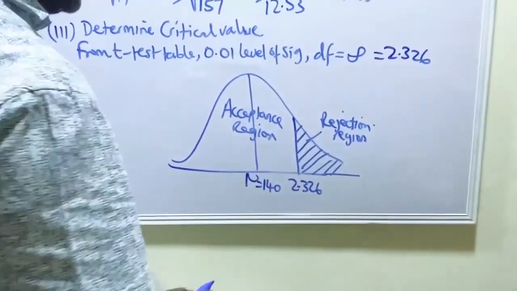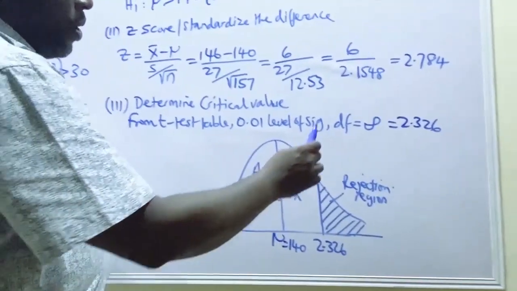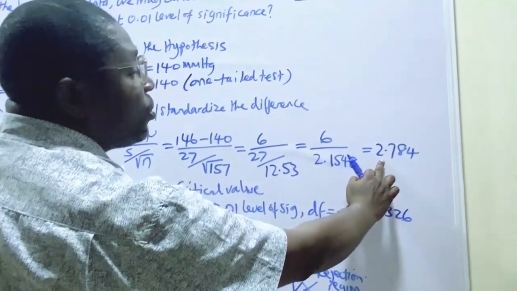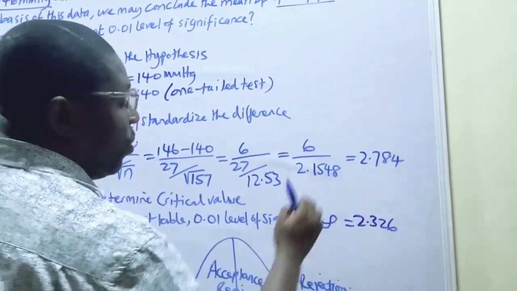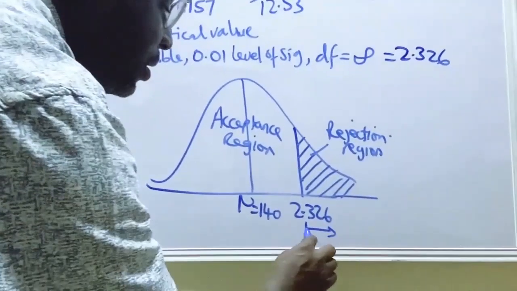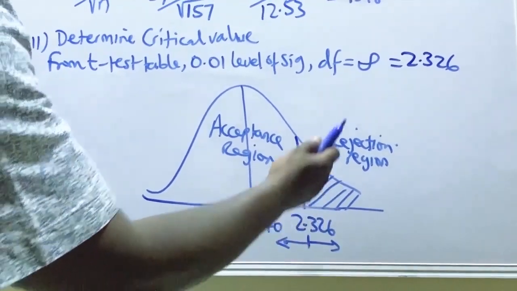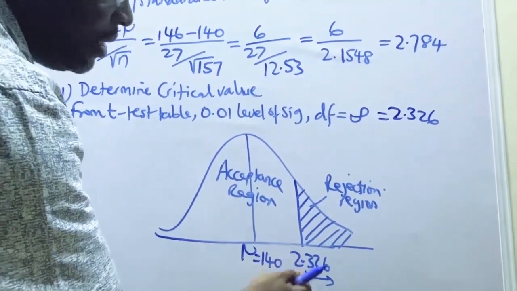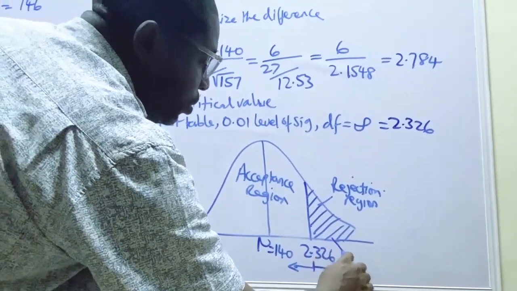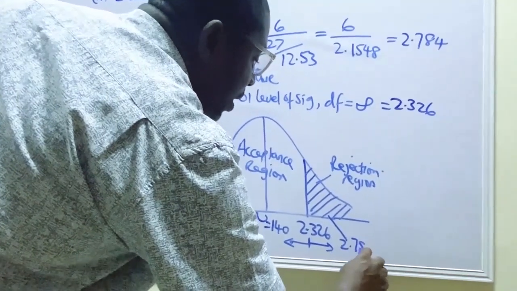Okay, so let's now decide whether we are going to accept or reject. Now our Z-score is 2.784. We'll compare it with this point here to know where it is going to be. Now 2.784 is greater than 2.326, so it is going to be within here. So we will draw a point here and say 2.784.